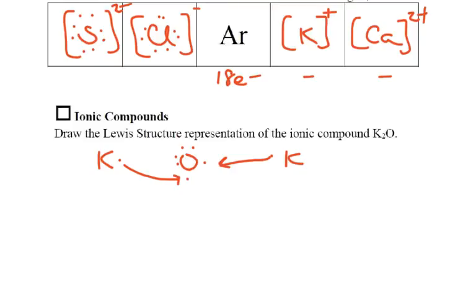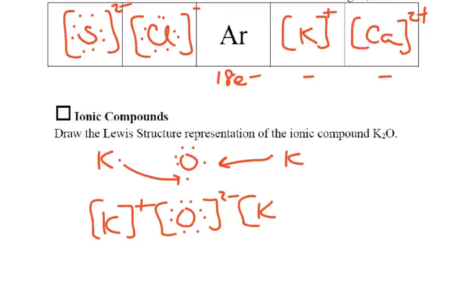So what we end up with is a potassium ion. I draw it like this, no valence electrons. Then we'd have an oxygen with 8 valence electrons, and then another potassium with 0 valence electrons. And that's how we would write an ionic compound. And that is the quick check.